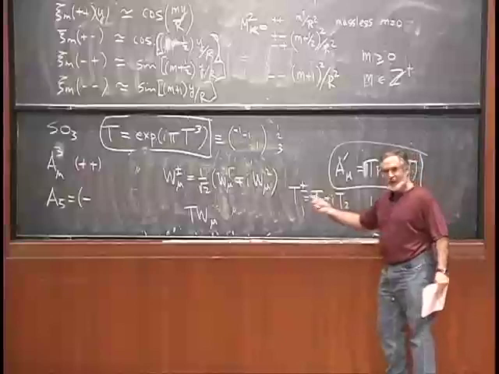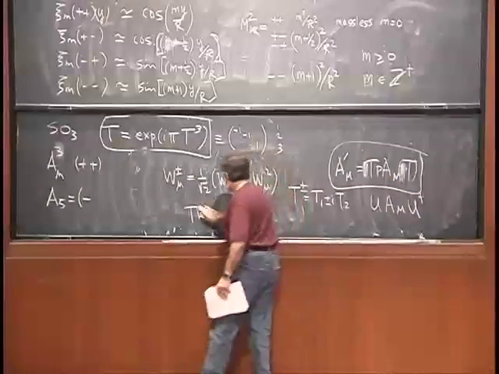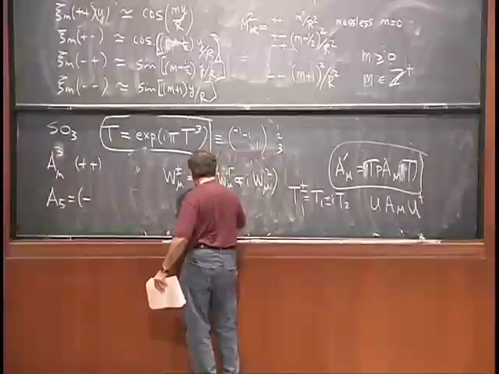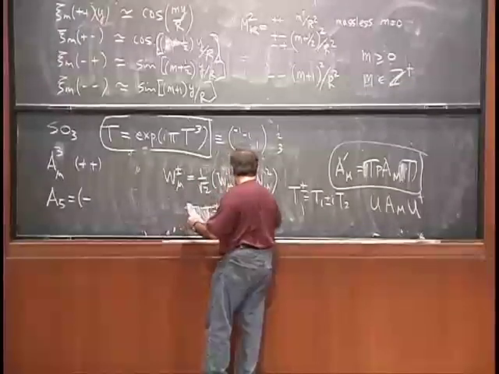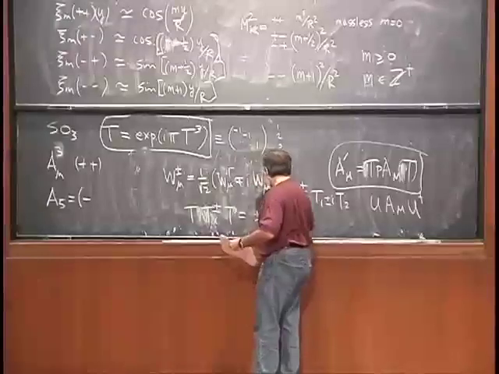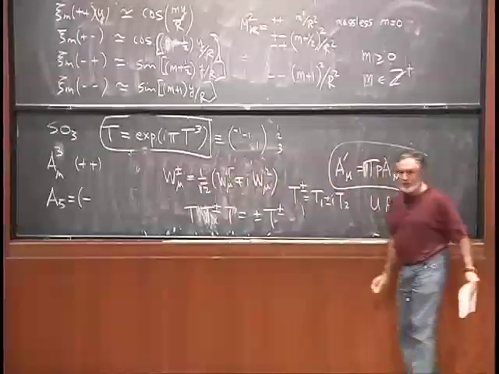Okay, so we break it up into positive and negative guys. Then the transformation T plus minus T gives you plus or minus T plus minus.